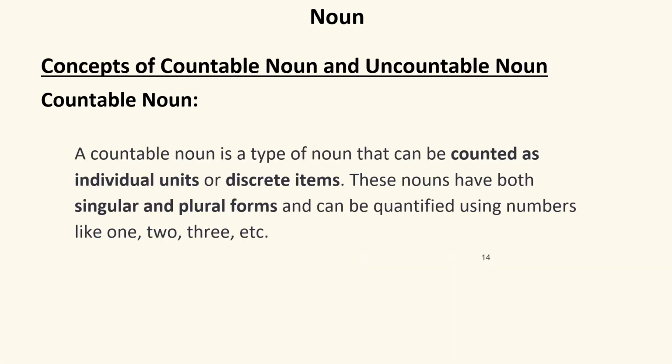Now, noun can be further divided into three sections. Now, what are these three sections? Let us discuss this in detail. The noun or subject can be divided into singular, plural form.